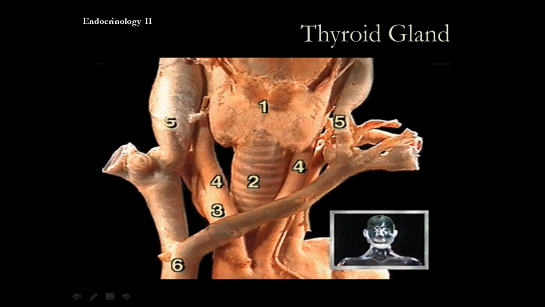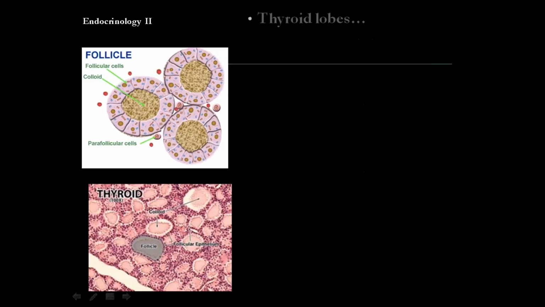So these are all the structures surrounding the thyroid gland: mainly the internal carotid artery, because the common carotid is a little bit lower, and more laterally the internal jugular veins.